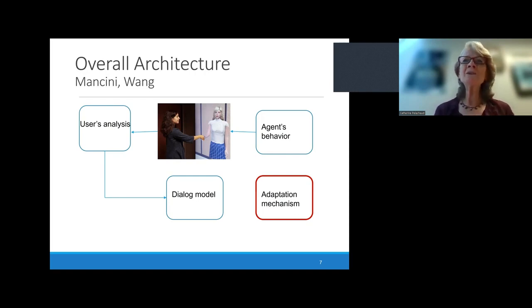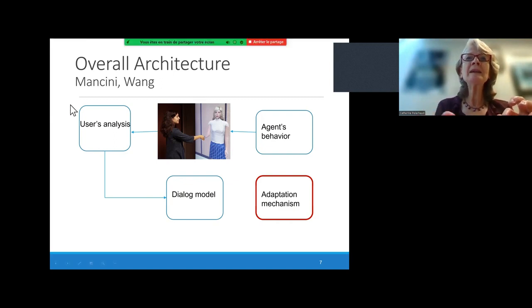Lately, we decided to work again on adaptation, but this time with dialogue, where a human is in interaction through natural language with an agent. For that, we built an architecture where the human's behavior is detected through a webcam, a microphone, and a Kinect.